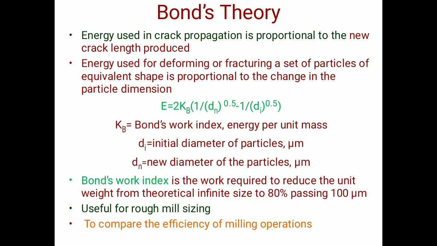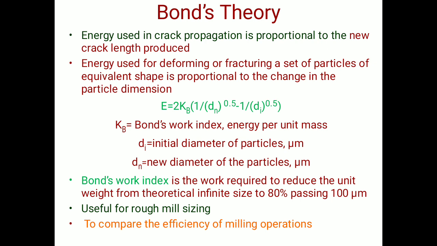And Bond's theory says that energy used in crack propagation is proportional to the new crack length produced. So the equation is capital E, that is energy utilized, is equal to 2 Kb, Kb is Bond's work index, into 1 upon square root of Dn minus 1 upon square root of Di. Di is the initial diameter of the particle in micrometer and Dn is the new diameter of the particle.